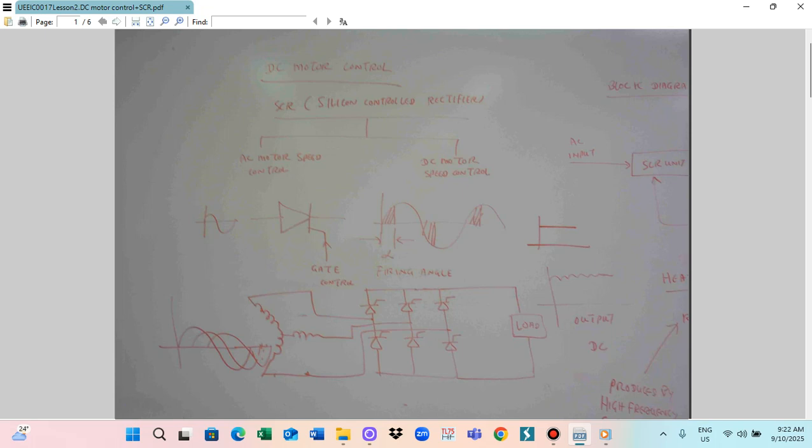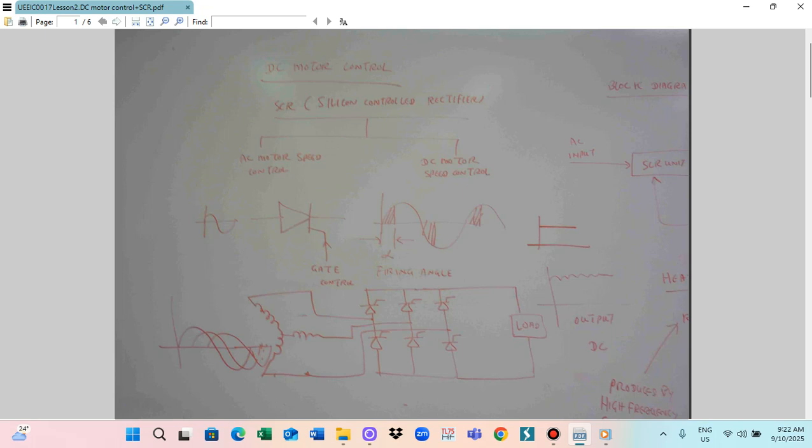This is electronic soft-start control to control the AC motor and the DC motor. So we use the SCR, the silicon controlled rectifier. Silicon controlled rectifiers are utilized to control the AC motor speed as well as the DC motor speed.